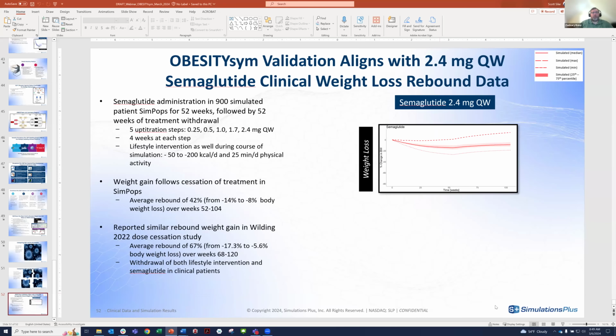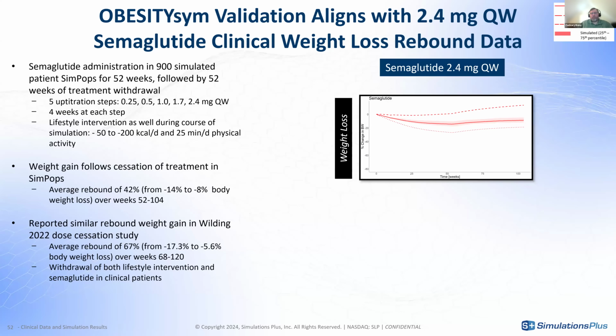So we did an examination using semaglutide, and looking at this, I think we had a nice response that's in alignment, qualitatively and almost quantitatively, with the clinical data. We did a 1 year on treatment and lifestyle intervention, a 1 year off treatment, continuing lifestyle intervention in the simulations.